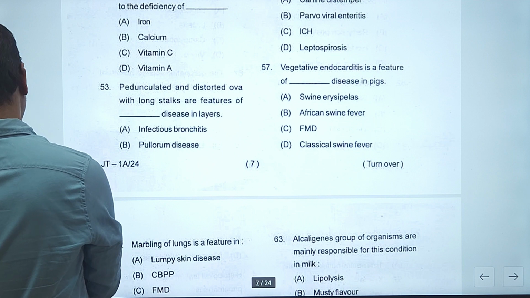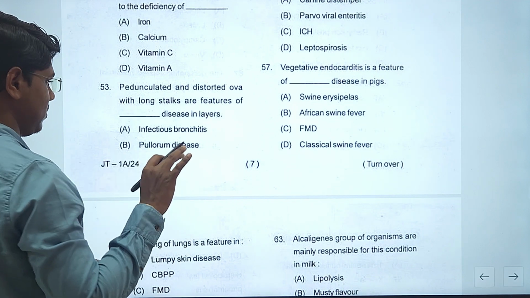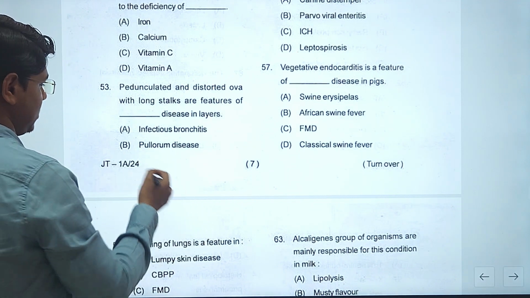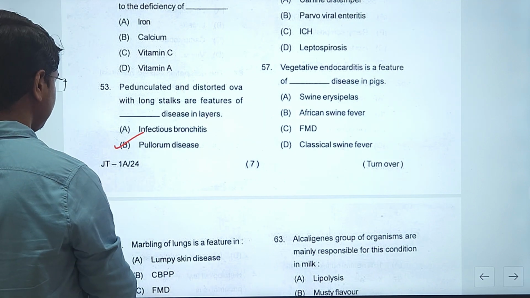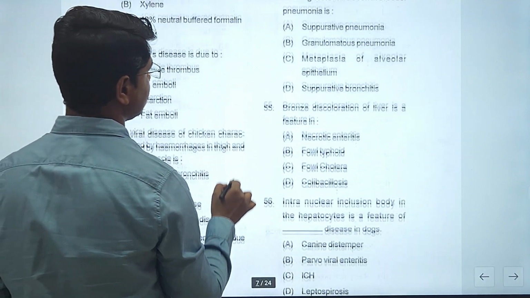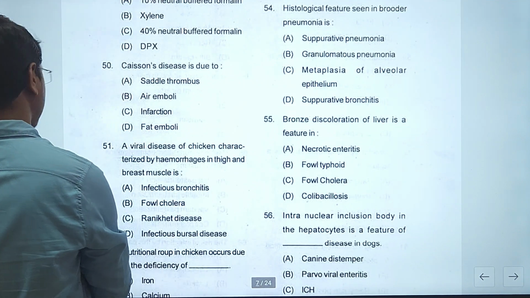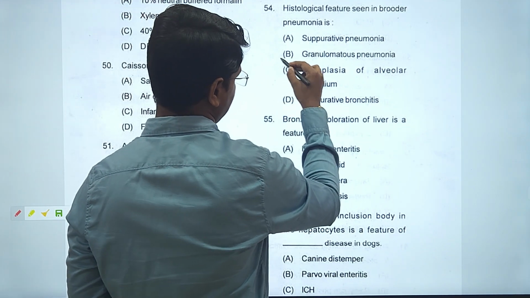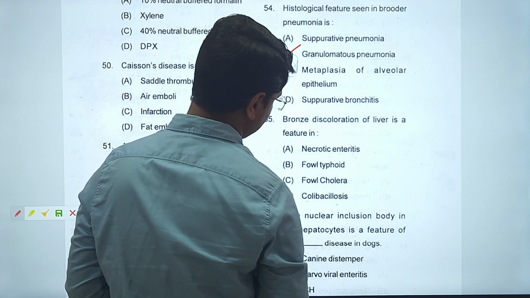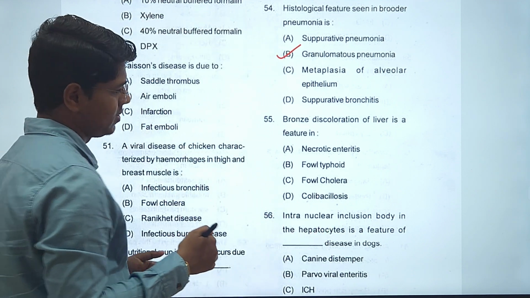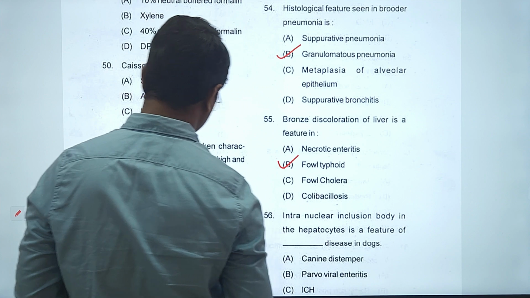This is a very characteristic question, like a copy-pasted question. It's pullorum disease. Next question, 54. Histological features seen in brooder pneumonia: granulomatous pneumonia. Bronze discoloration of liver. This question also came last year. It is fowl typhoid. Answer is fowl typhoid.